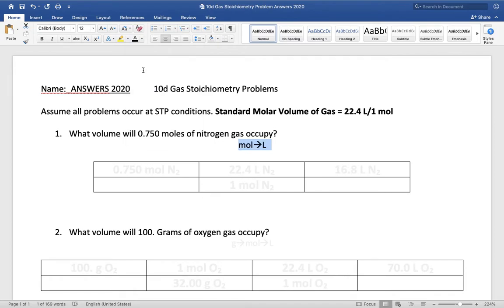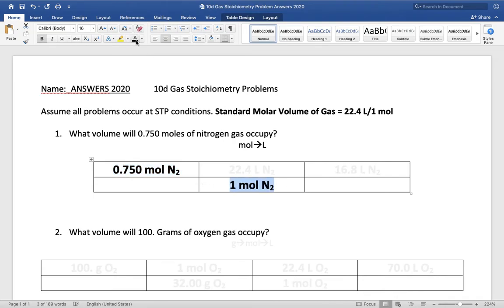And I can see right now that if I have moles and it's at STP, I can look up here and there are 22.4 liters in 1 mole. So I write down what I start with in the problem, and I want moles to cancel.